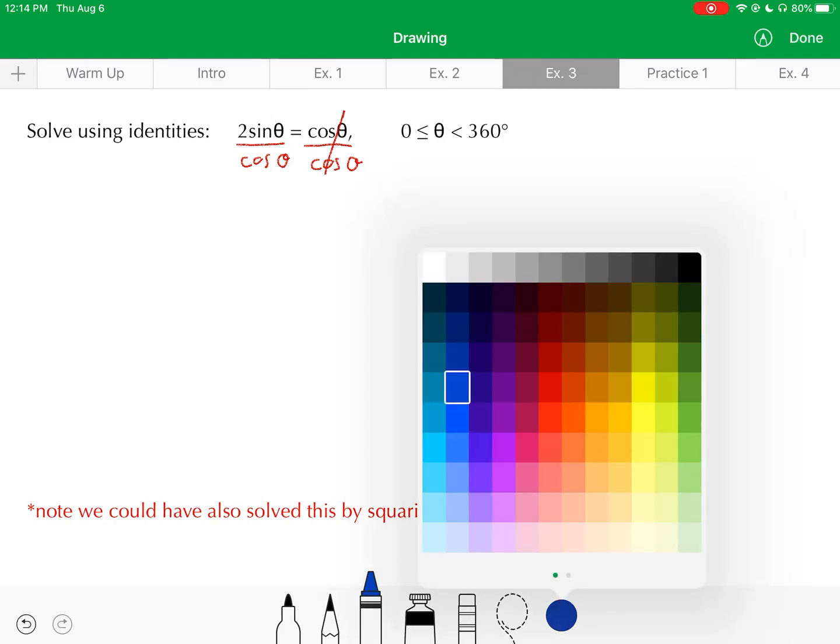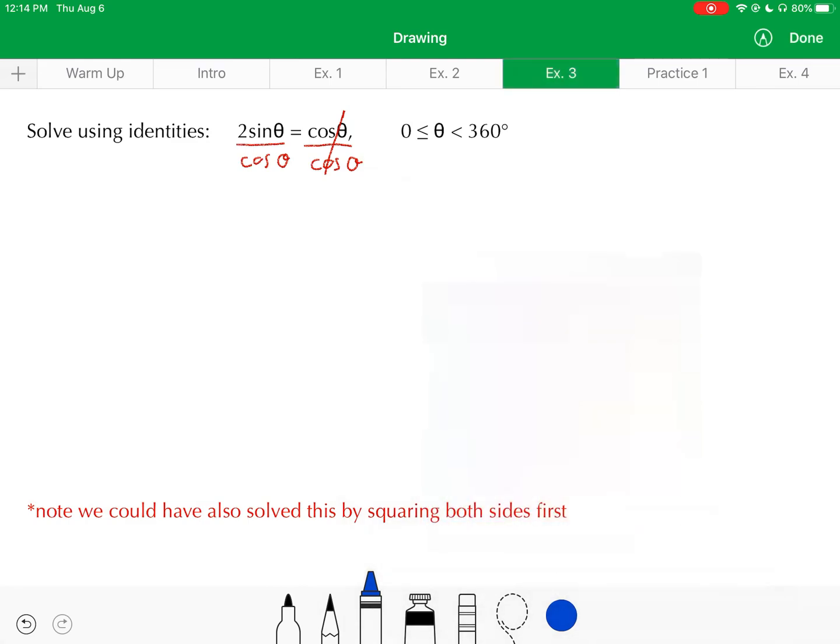And then you can use a quotient identity here. 2 sine of theta over cosine of theta is the same as 2 times the tangent of theta, and that'll of course equal 1. Okay. Now I isolate tangent. Tangent of theta is equal to 1/2, where theta would either be in quadrant 1 or quadrant 3, since it's equal to a positive 1/2.